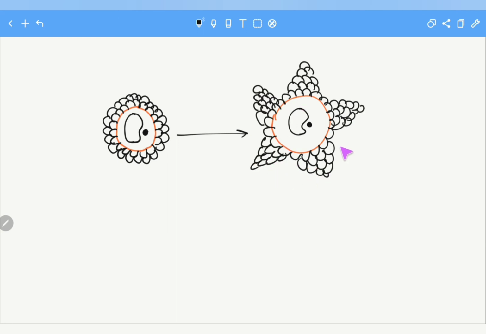This crown-like arrangement of cumulus oophorus, that is cuboidal epithelial cells, is called corona radiata.